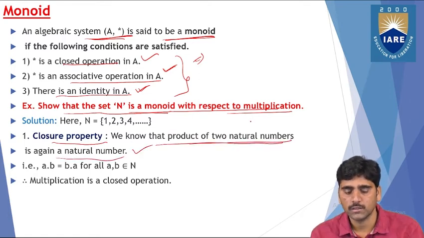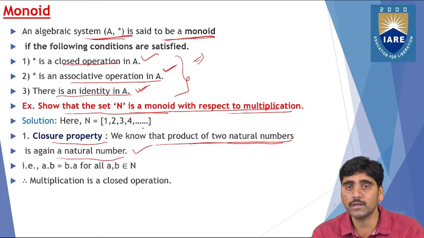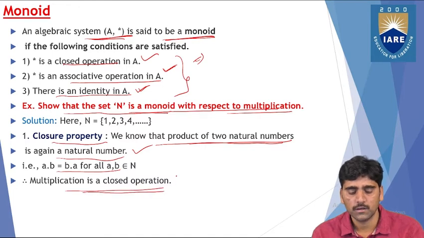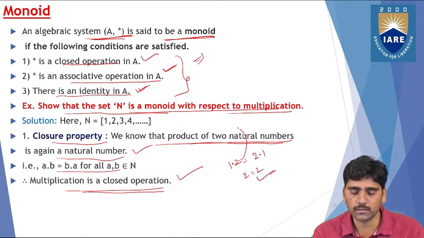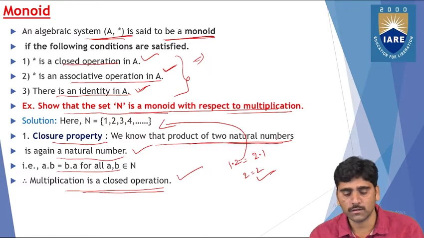So if it is again a natural number, then the closure property holds. For a dot b, that is 1 dot 2 and 2 dot 1, which equals 2, and 2 is again a natural number. So closure holds.